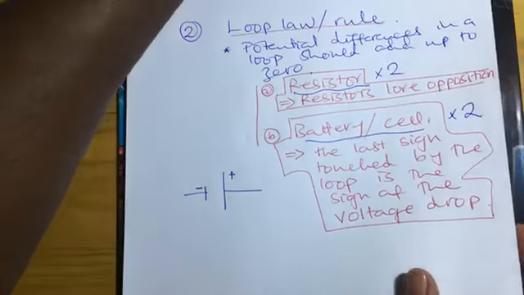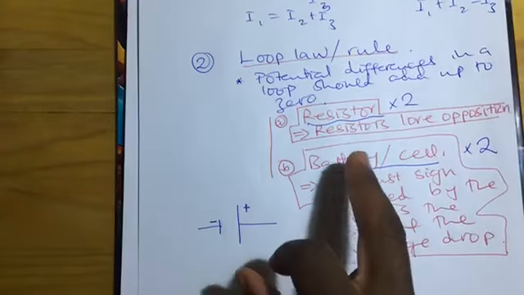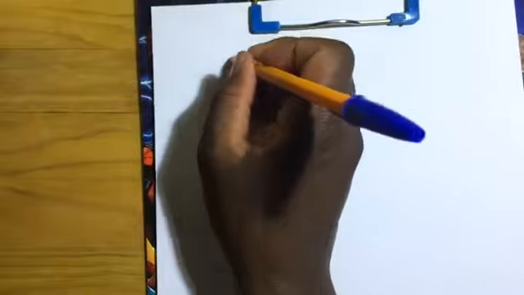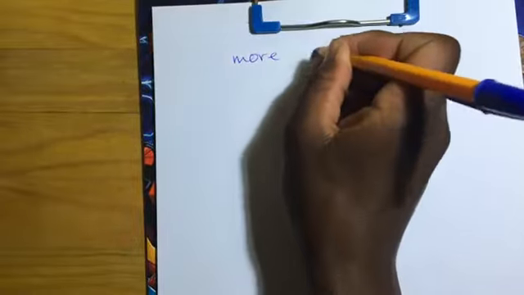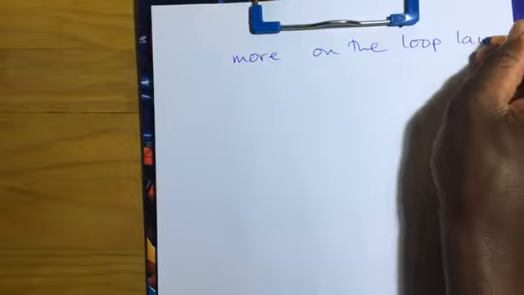All right. So let's look at the two possibilities under resistors. Let's look at the two possibilities under batteries or cells. I need you guys to really get the picture. So, more on the loop law.